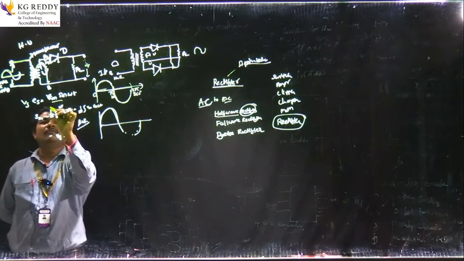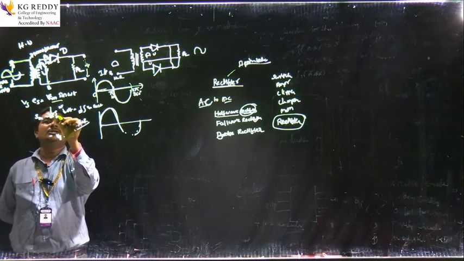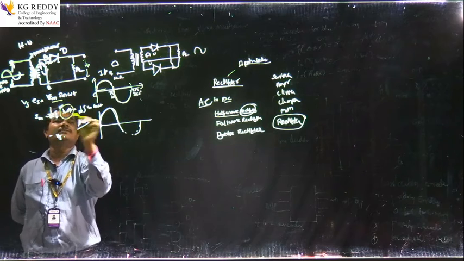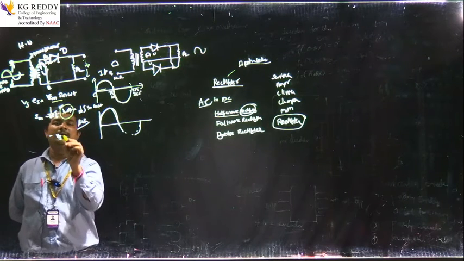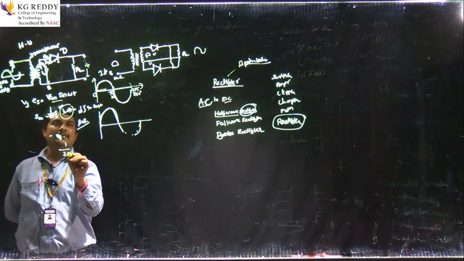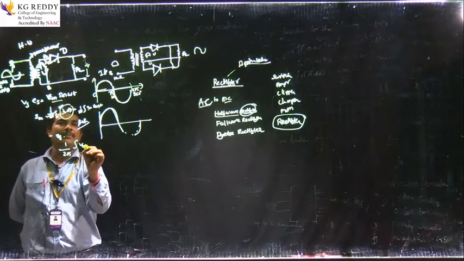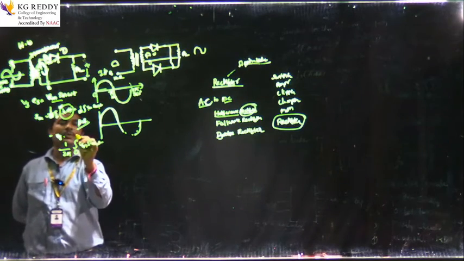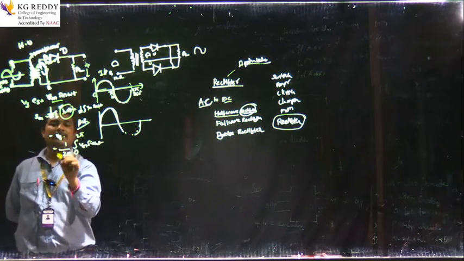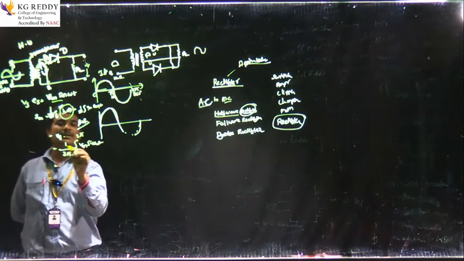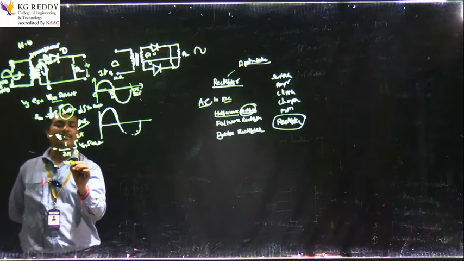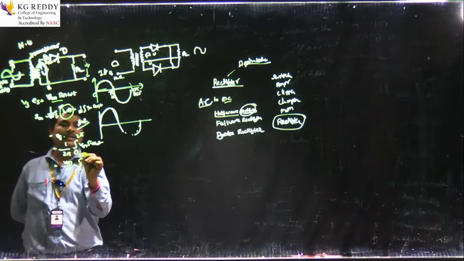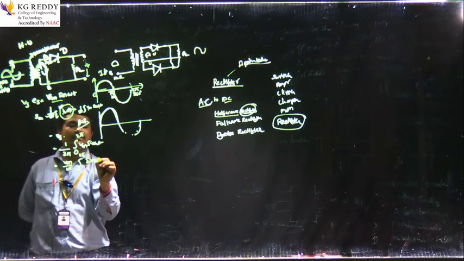That is why I am taking 1 by 2 pi integral 0 to 2 pi of IL dt. Here IL is Vm sin omega t. The lower limit is 0 and the upper limit is 2 pi. The constant comes outside, so Vm by 2 pi integral 0 to 2 pi of sin omega t.